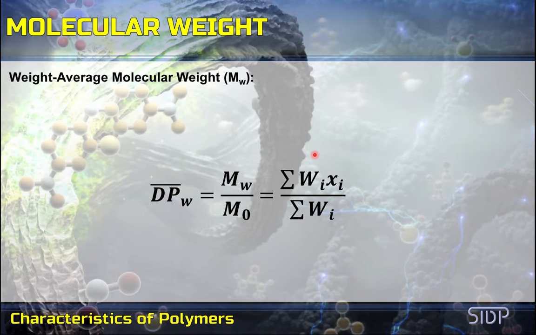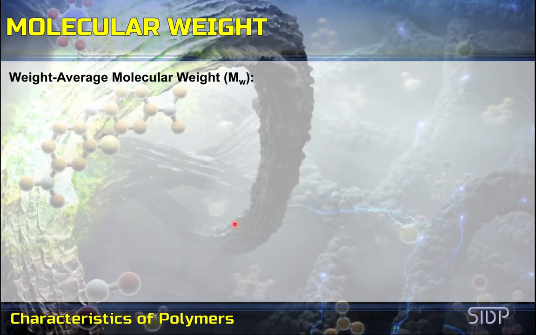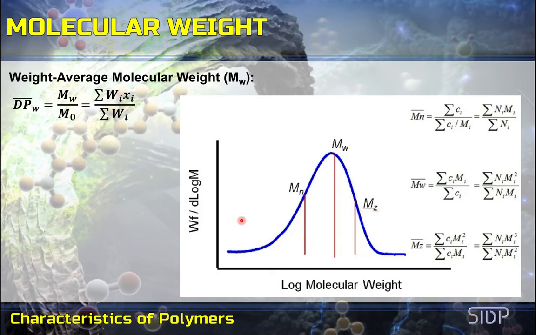The weight average degree of polymerization DPw is obtained by dividing Mw by the mer weight, as we can see in the formulation. Well, Mw can be determined by measuring light scattering of dilute polymer solution. Mw is always higher than Mn.